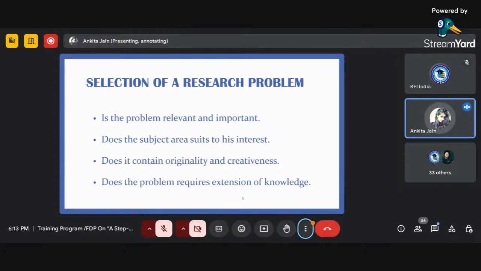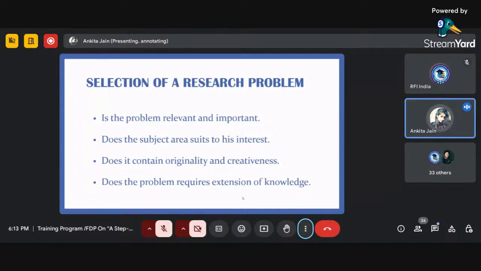But here the research problem doesn't define itself. We have to see which kind of problem it is, and is that problem relevant to our title or the thing we are talking about, or we are going to research. So, is the problem relevant and important? First of all, sometimes we have just a normal idea about something.